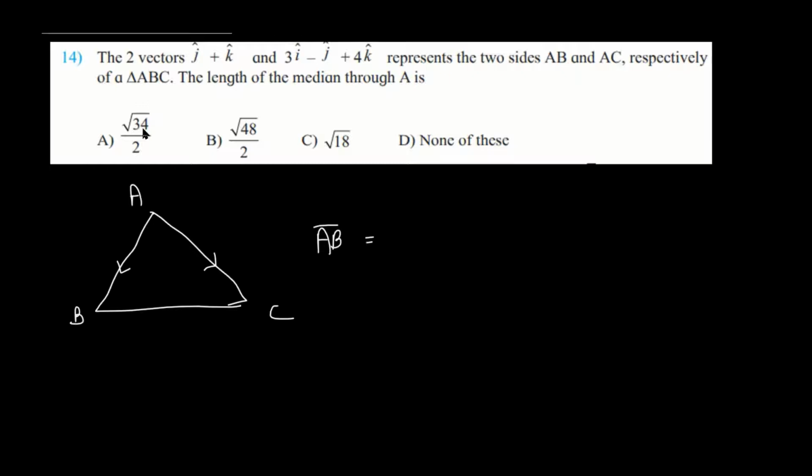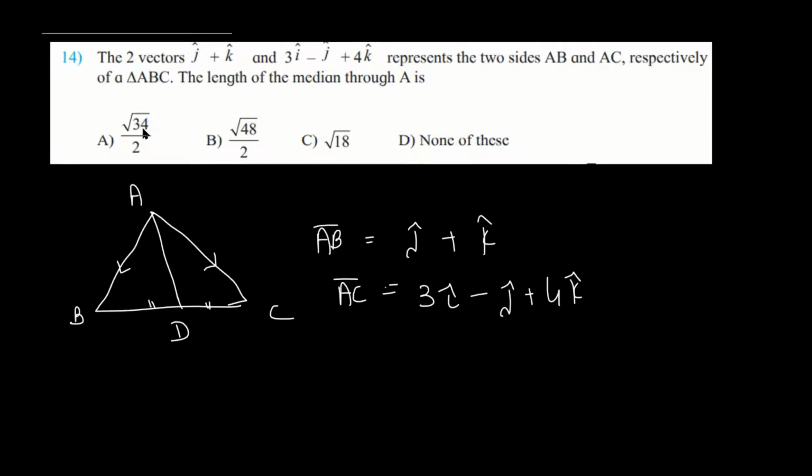AB bar is equal to J plus K, and AC bar is given to us as 3I minus J plus 4K. Suppose the median through A is AD. So D is the midpoint of BC.